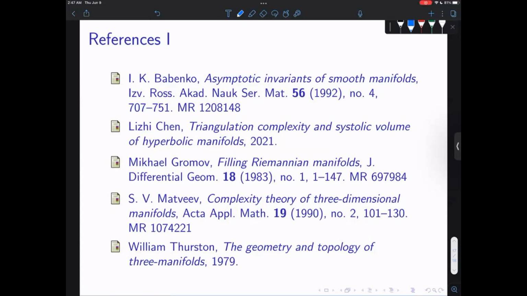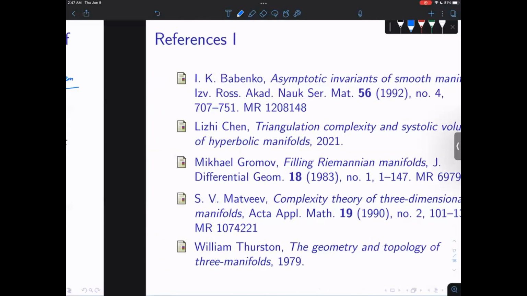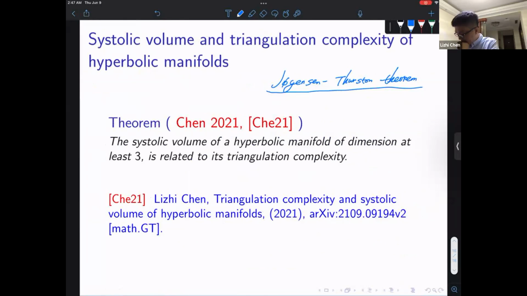Could you give the exact relation between the triangulation complexity and the systolic volume of these manifolds? Yes.